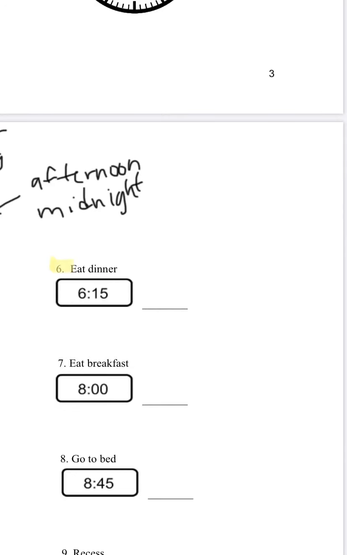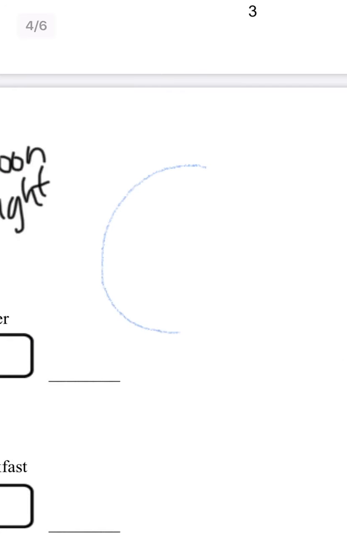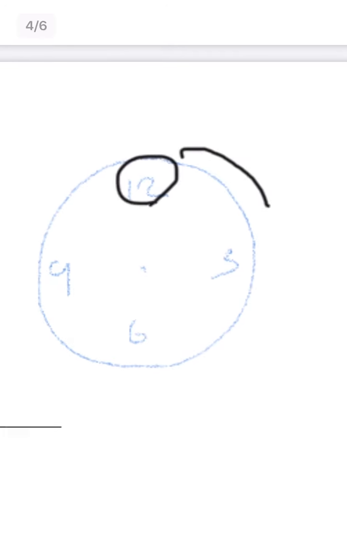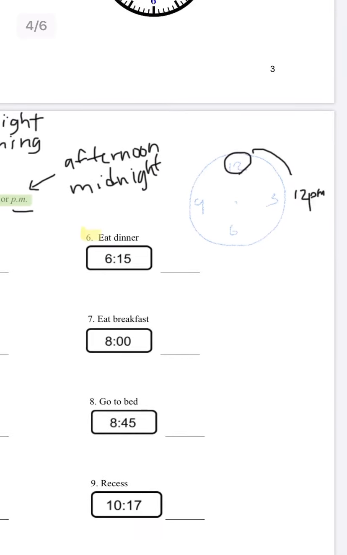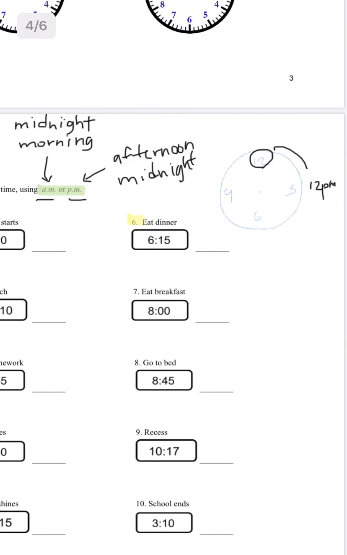So if we draw the clock, right? That's 12. 6. That's 3. So from midnight, right, all the way to morning. When does morning end? 12 o'clock, 12 p.m., right? So midnight to morning is considered AM.